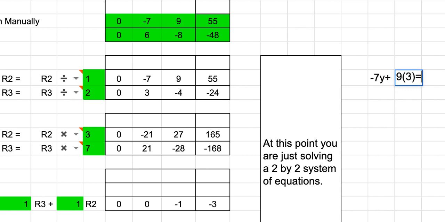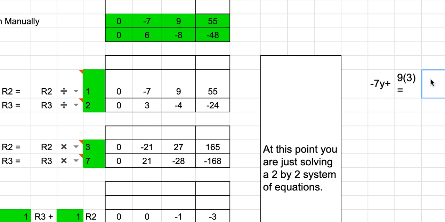And that would equal 55. I'd be solving that equation, right? So I'm substituting into row 2. Negative 7y plus 9z, but I know z is worth 3. So that becomes negative 7y plus 27 equals 55.